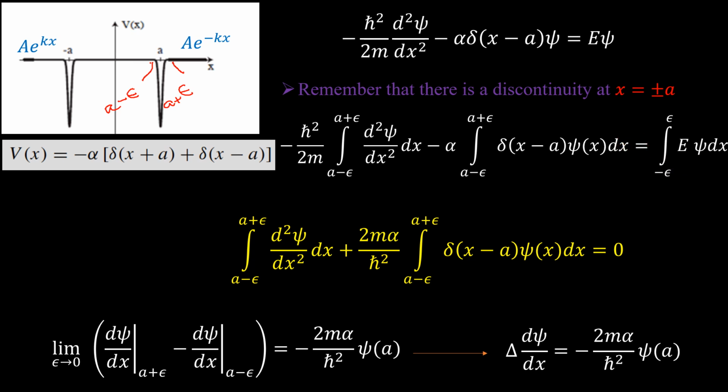Now remember that you are taking almost close limits. This epsilon is very small, so the energy term will tend to 0. So you can remove this portion.